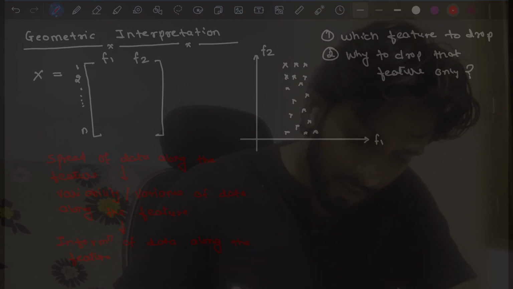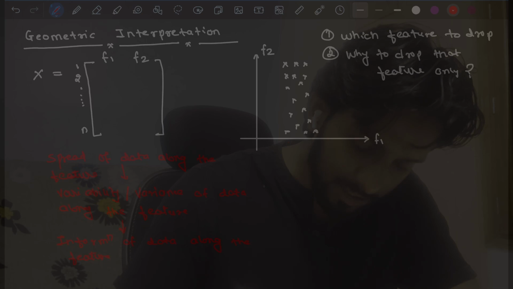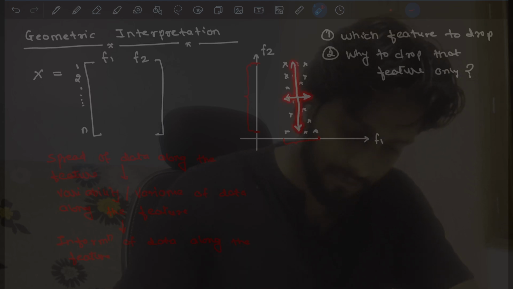Now if you will see the spread of data along feature f1 is this one, right? And spread of data along feature f2 is somewhere this one. So it's clearly visible that spread of data along feature f2 is wider as compared to spread of data along feature f1.